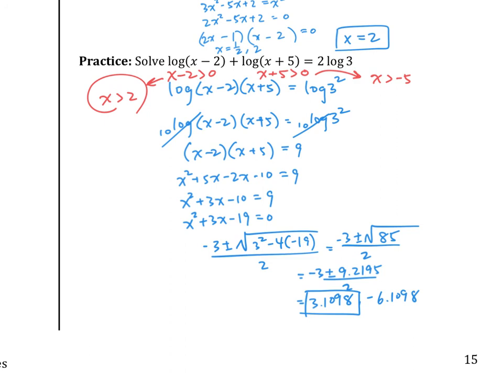They both have a base of 10, so you get rid of the log. You set the equation equal to 0, and you realize you cannot solve this by factoring, so you need to use quadratic formula. Once you use the quadratic formula, you get two numbers, and then you double check against the domain because it's got to be greater than 2, so the only answer is 3.1098.